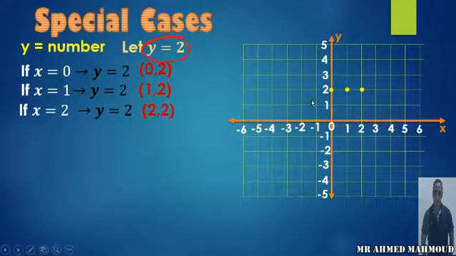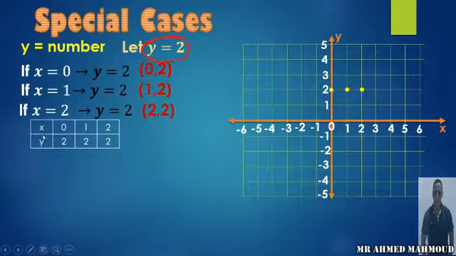Before connecting them, I will put these values in a table like this. X and Y: the values of X are 0, 1 and 2, the values of Y are 2, 2 and 2. Y here is constant because the relation is a constant relation, Y is 2. I will represent these values as a straight line like this.